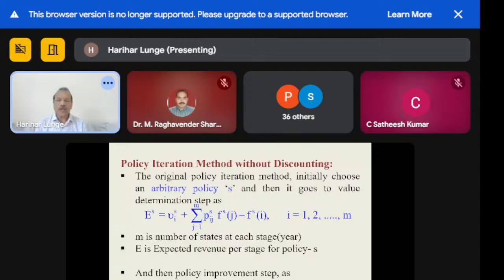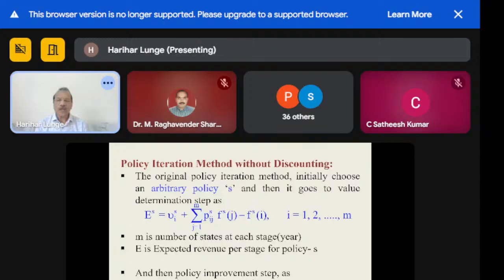Then the second and third steps are the same: the value determination step and the policy improvement step of the original policy iteration method.